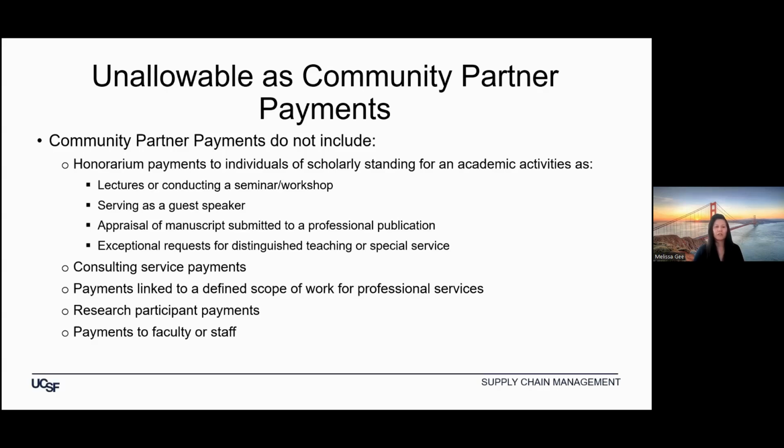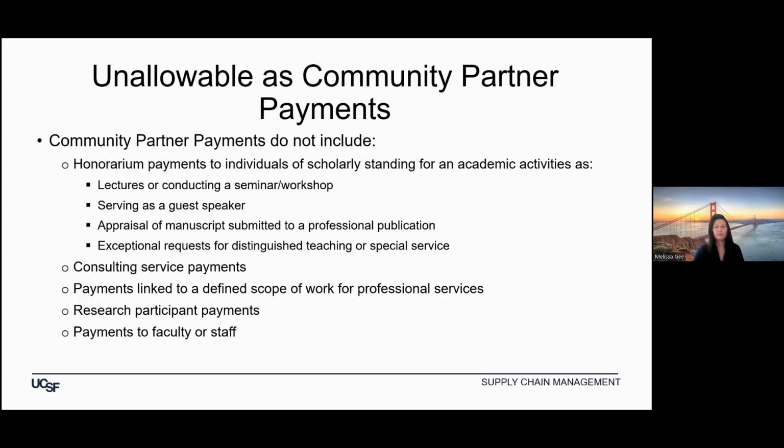The other items on here are consulting service payments, payments linked to a defined scope of work for professional services. Those are the ones that have to go through our procurement team, where there's a lot more requirements. Sometimes there's contracts, there's insurance requirements sometimes.